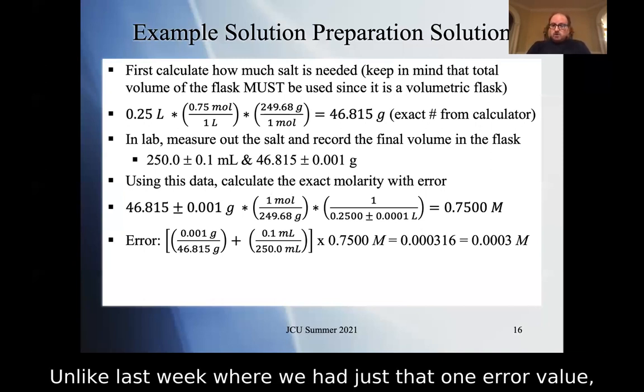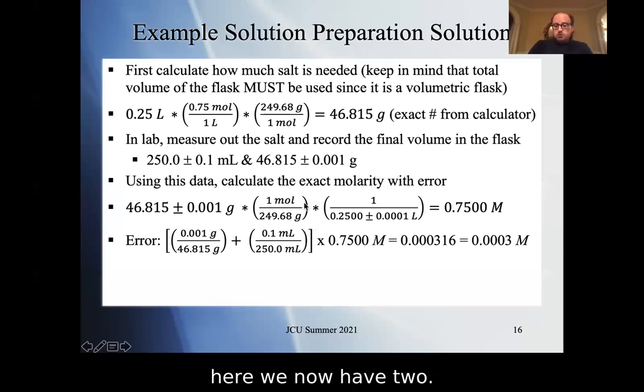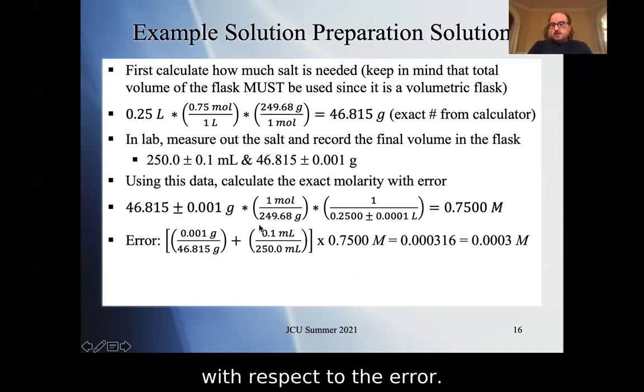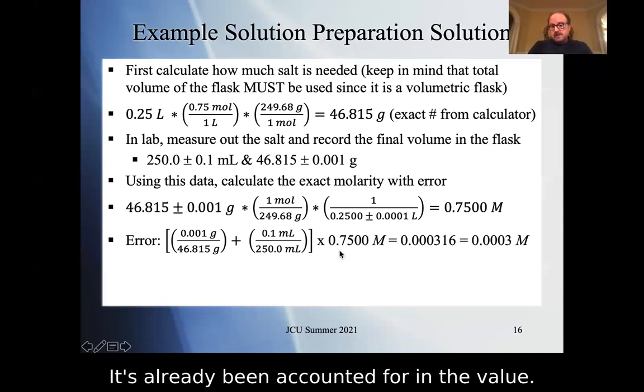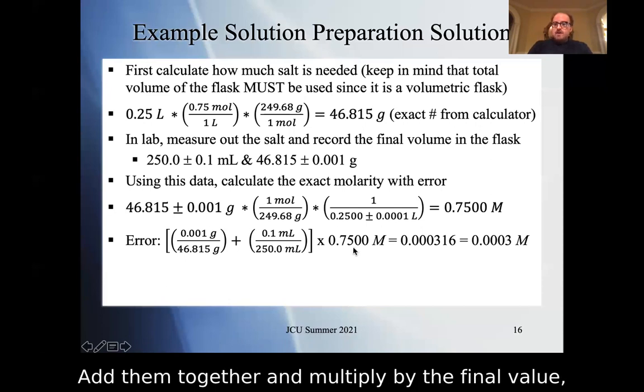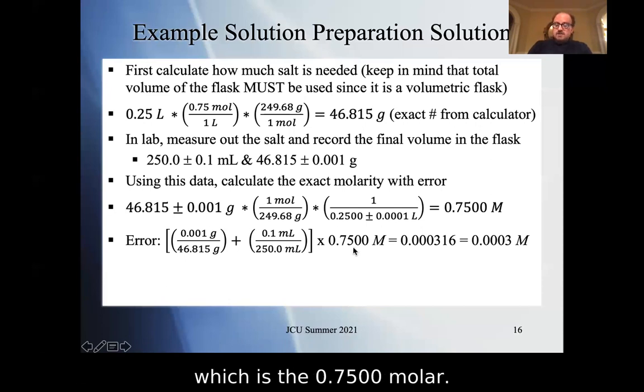Unlike last week where we had just that one error value, here we now have two. The molar mass we don't have to worry about with respect to the error. It's already been accounted for in the value. So we basically just have these two fractions, add them together and multiply by the final value, which is the 0.7500 molar.